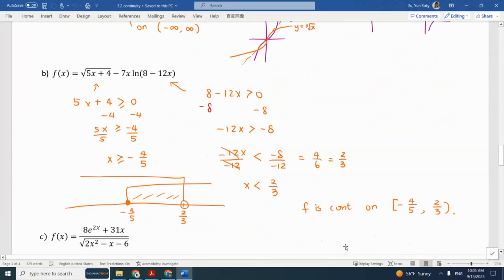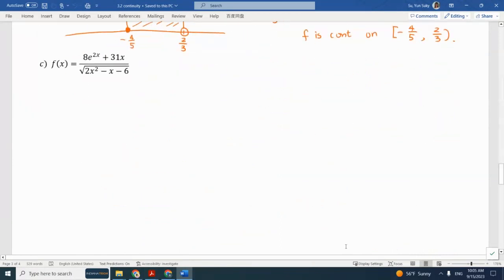Part B. Okay, do you see square roots? Yes. So we need the things inside the square root to be greater than or equal to 0, right, everybody? And do you see a fraction?